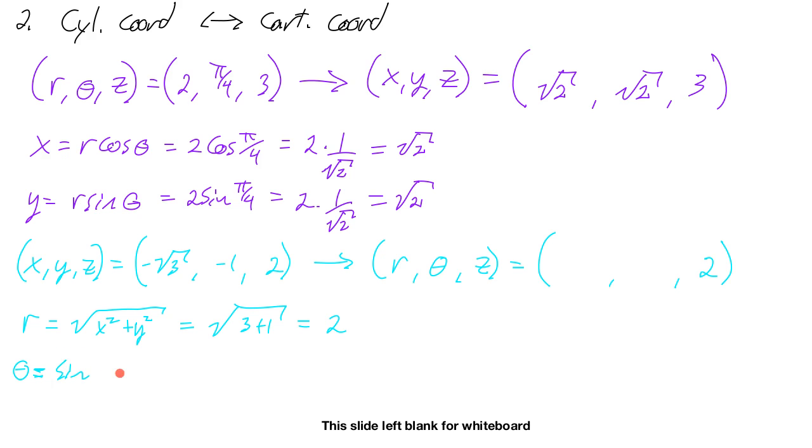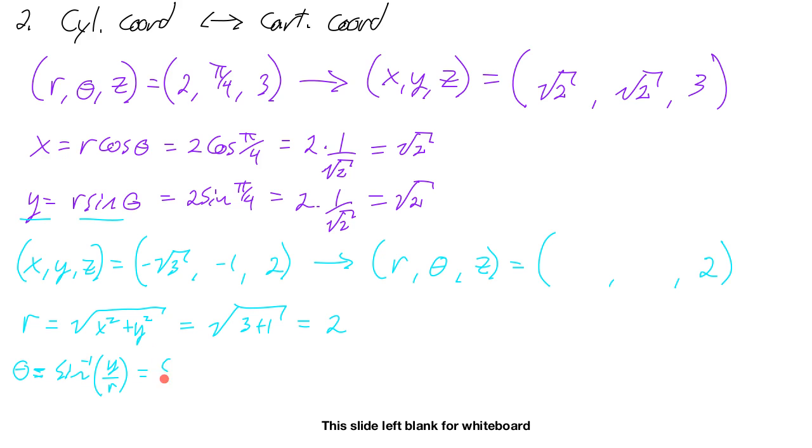So theta is equal to arc sine of y over r, right? You can get that just from isolating theta in this equation here. You divide both sides by r, and then take arc sine of both sides, and you're left with this equation here.